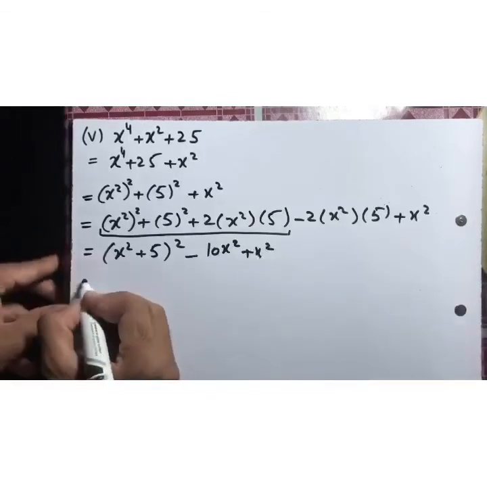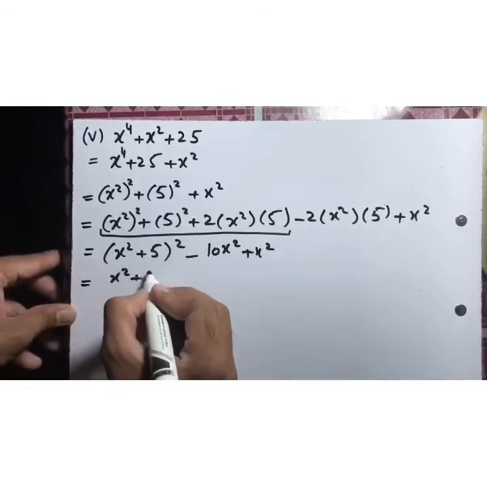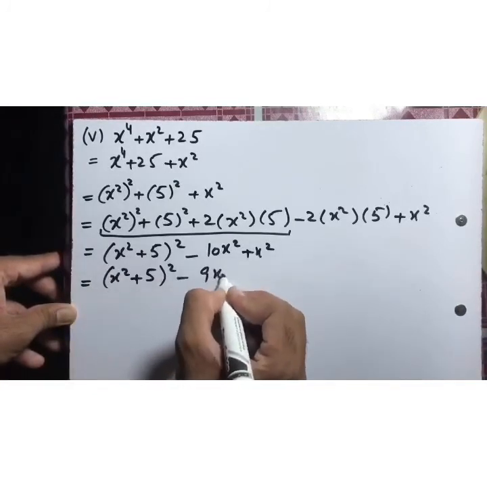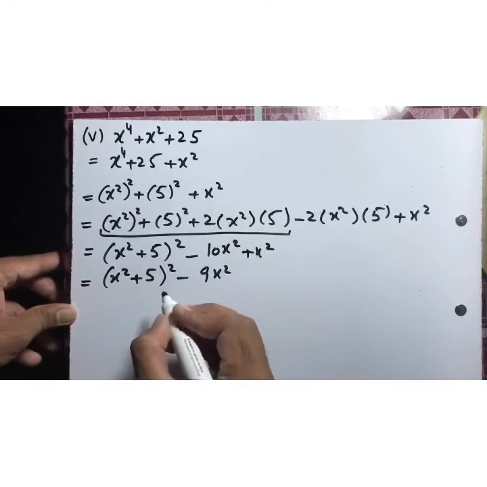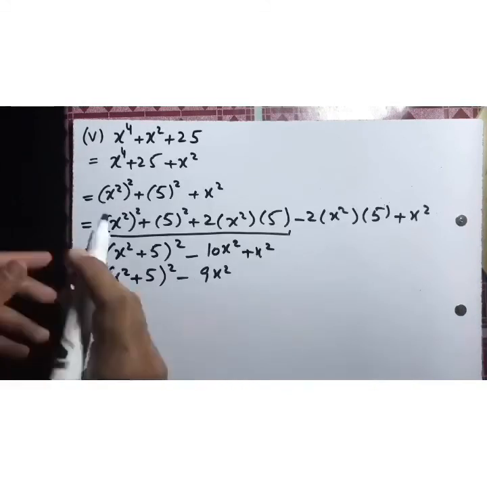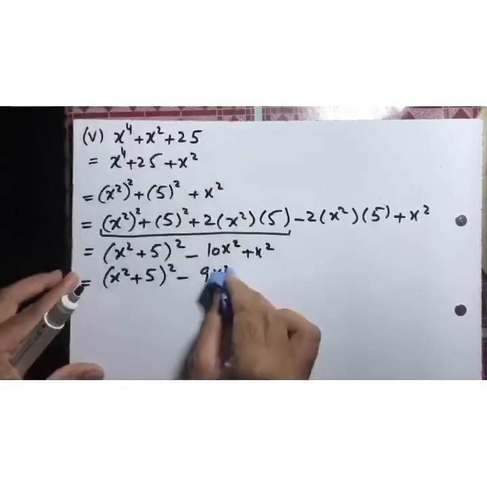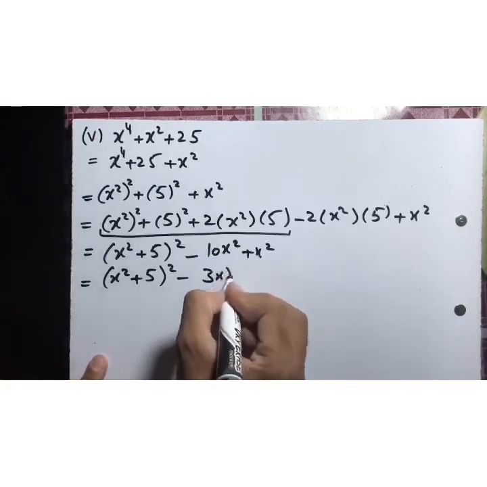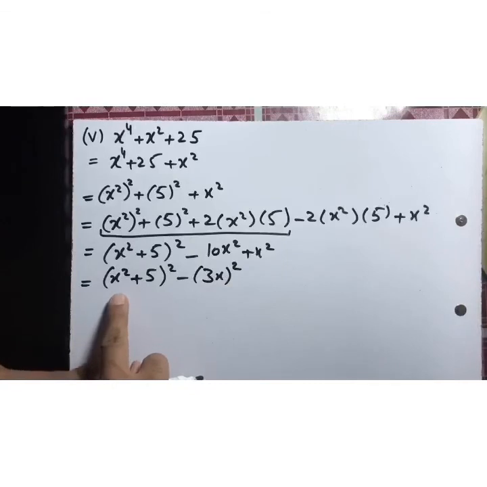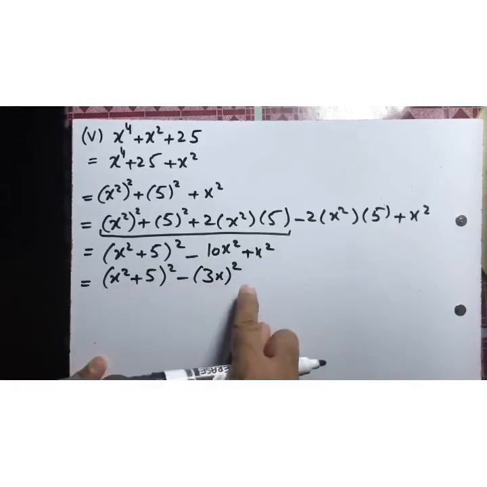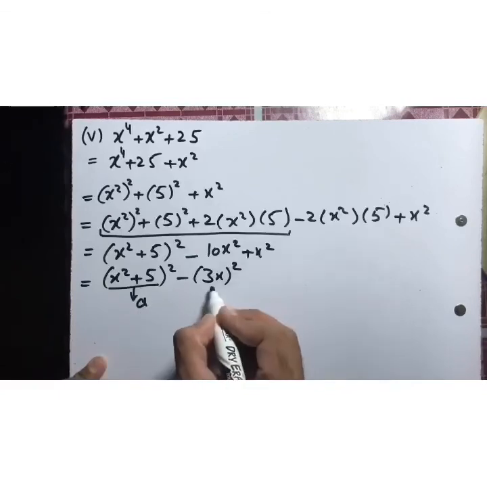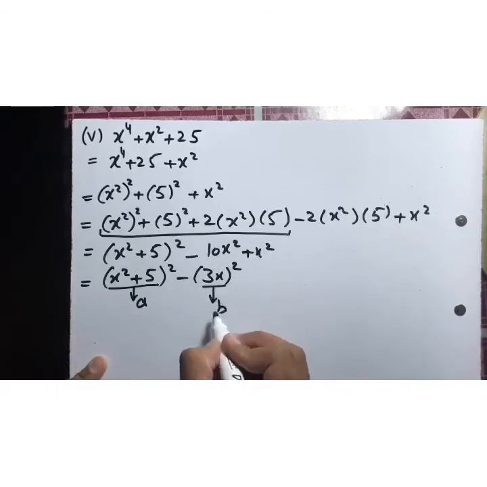When we subtract it, we get x square plus 5 whole square minus 9x square. You can see 9x square is a perfect square of 3x, so I write here 3x whole square. Now this is a formula of a square minus b square. Here a is x square plus 5 and b is 3x.